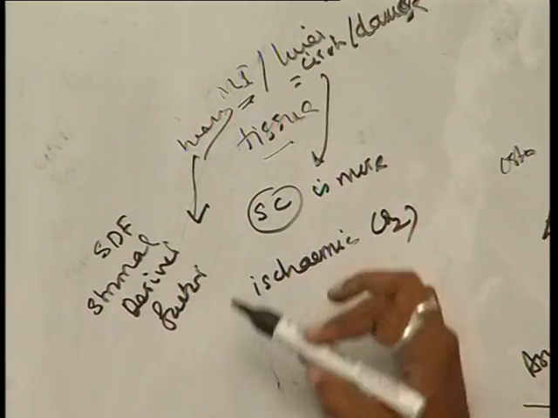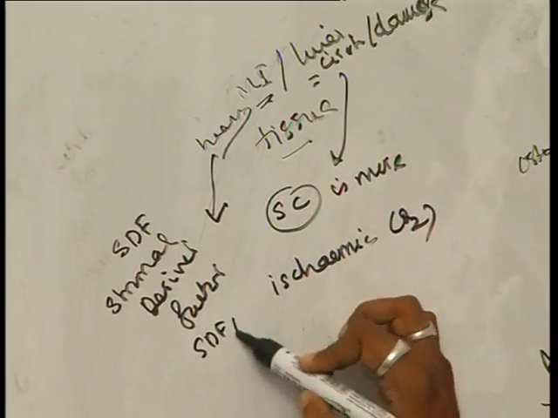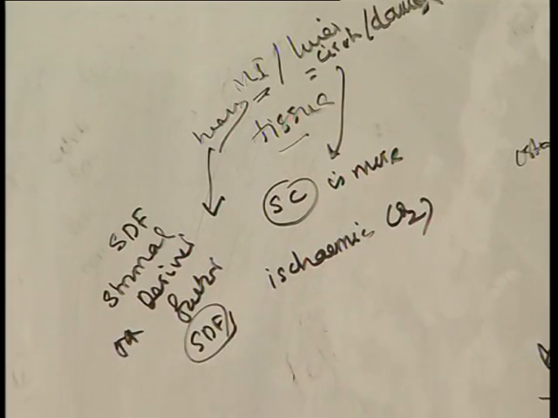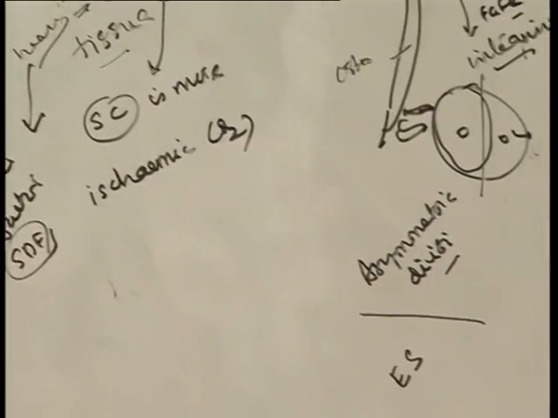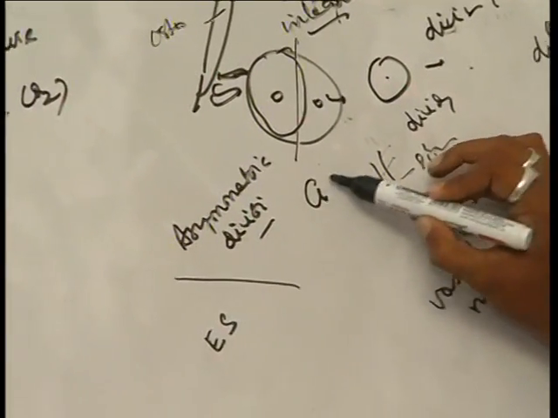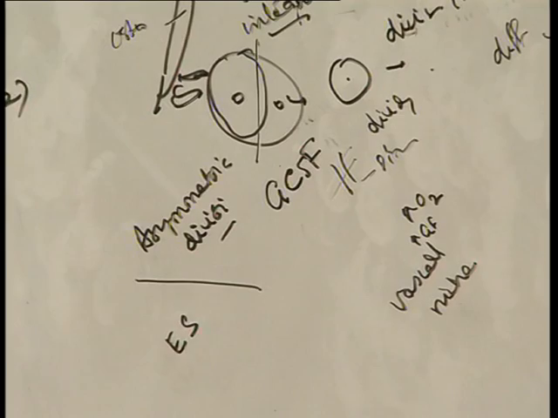Now the stromal derived factor, which is of high concentration here, comes to the stromal cells and induces the expression of granulocyte colony stimulating factor.